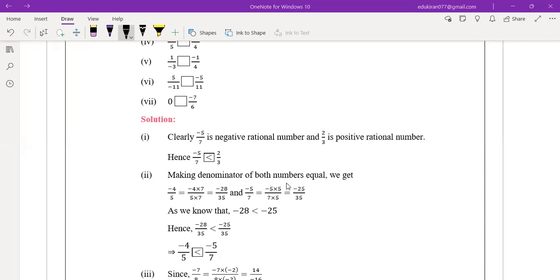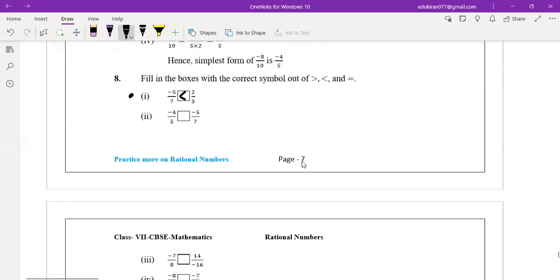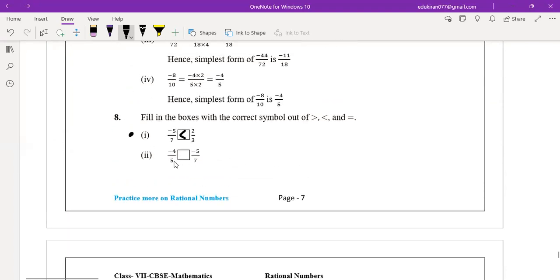Okay. Any other answers? In the negative, the one that is much closer to zero will be greater. So over here, basically in negative, the much smaller magnitude one is greater.